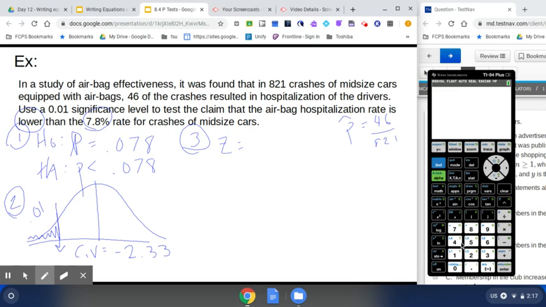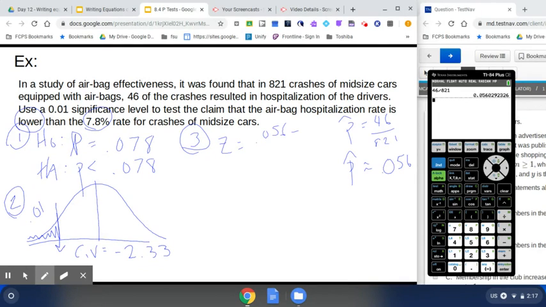So let's go ahead and find what that is as a decimal. So 46 divided by 821. This will give me P hat, which is approximately 0.056.